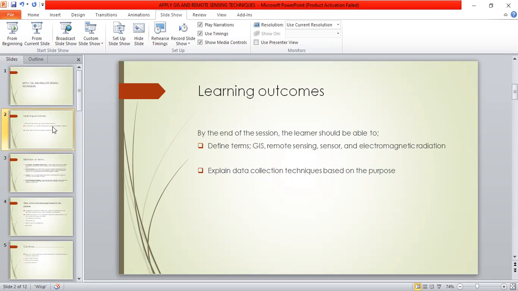GIS is simply a system that collects, stores, analyzes, and presents geographical data. Thank you, Njeru. That is correct. It's just a system that collects, stores, and processes geographic information data. Next, let's define the term remote sensing.